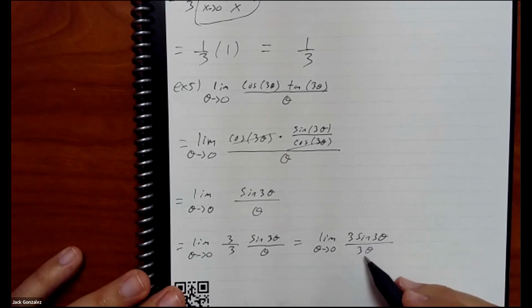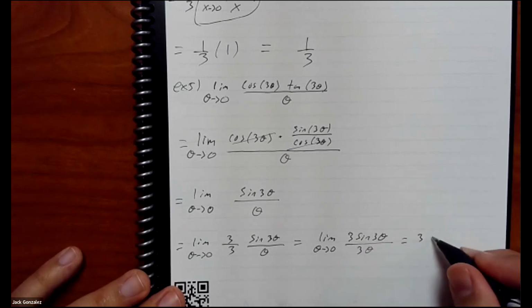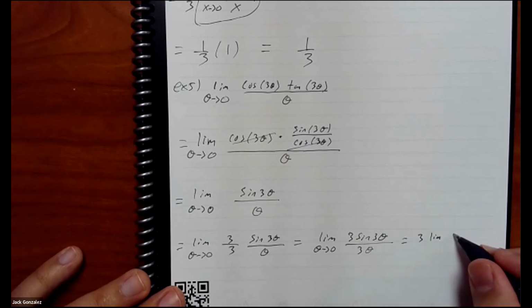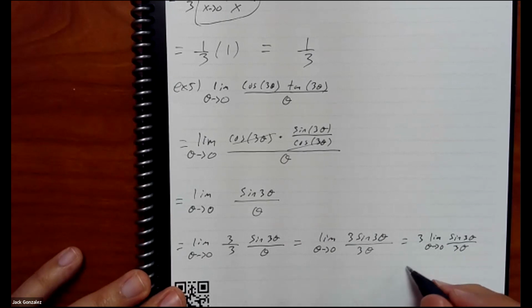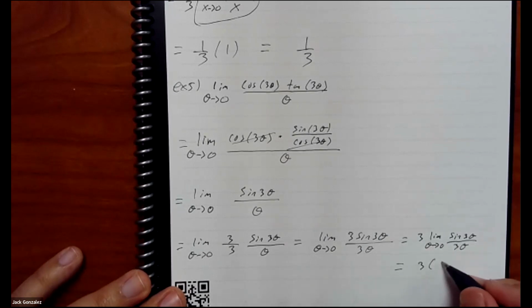So this piece right here will go to 1, leaving me with this 3. You can also pull the 3 in front. That's more appropriate. And then apply the limit here. So this becomes 3 times 1.